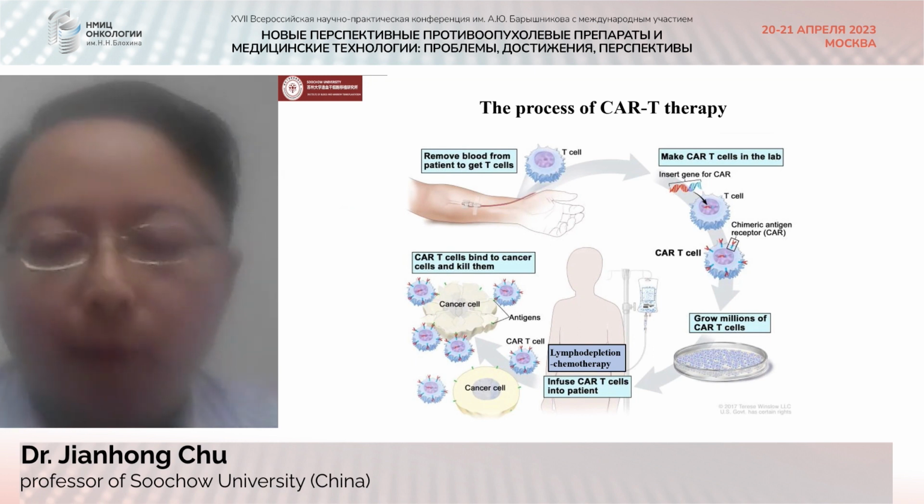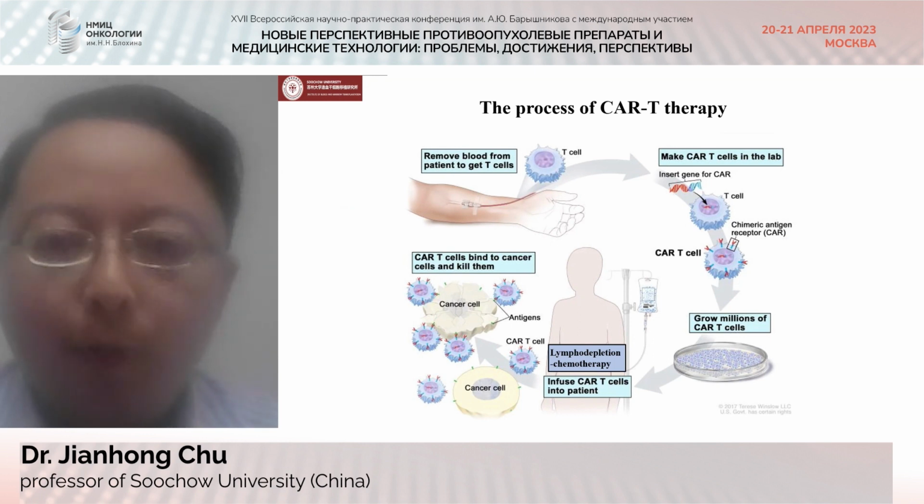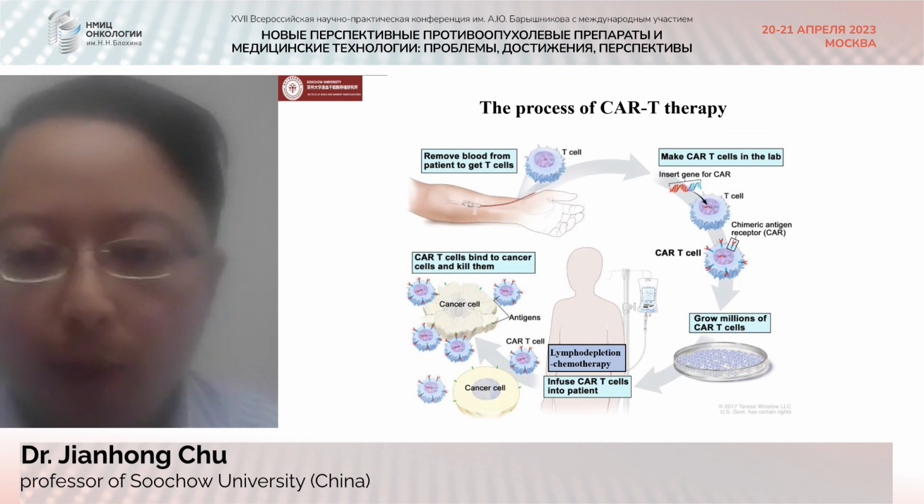And this receptor gives the T cells the ability to specifically recognize the surface antigen expressed on the tumor cells. Then the CAR T cells are expanded in the GMP factory. When they reach sufficient numbers, they can be directly infused into patients for cancer treatment.